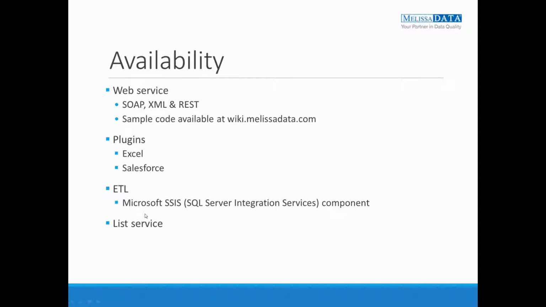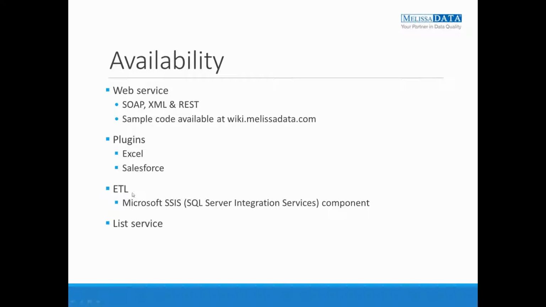All the other ways you can access the data will in turn use this web service. We do have plugins available for Excel and Salesforce that take out the programming work. All you have to do is pass in an address, and then it will look up the property information for you. You just give it an address, and you can look up the property information that way.